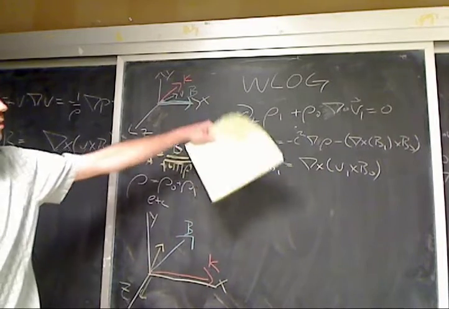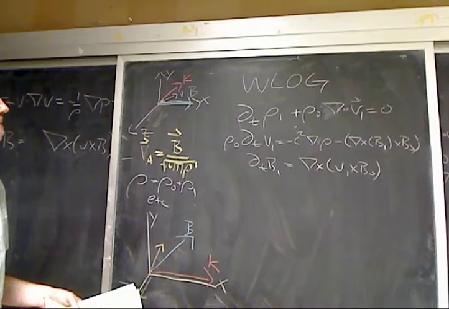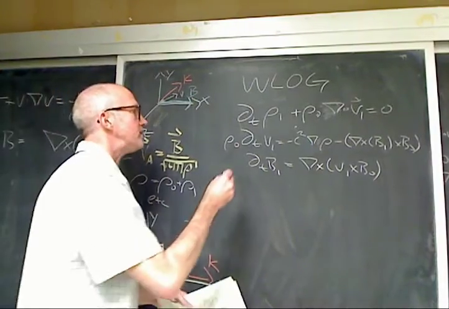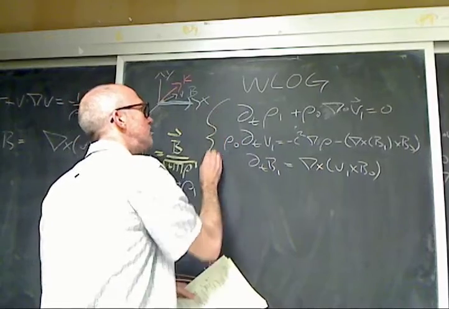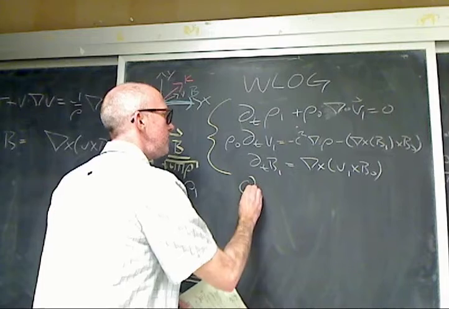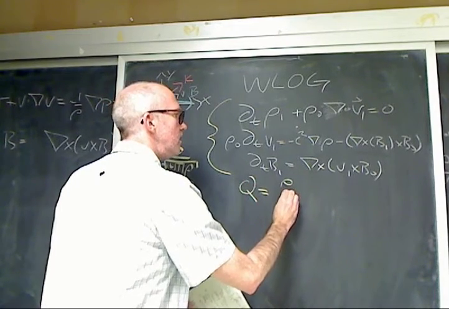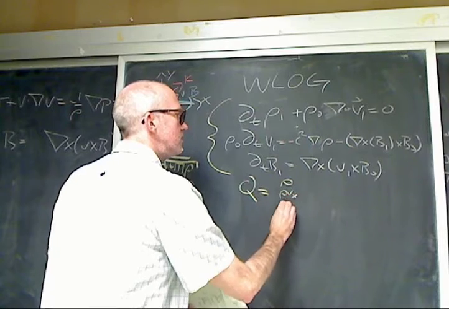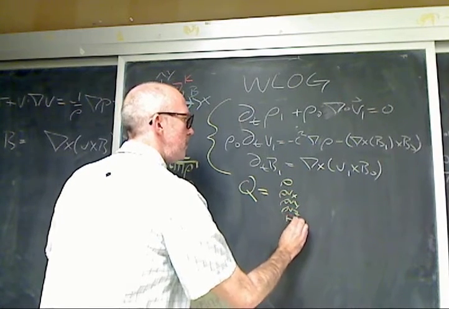So I'm going to take these equations and rewrite them slightly. Let me tell you what I'm going to do real fast. Basically I'm going to take this set of equations and we're going to turn it into a matrix. We're going to define some vector q, which is equal to rho vx, rho vy, rho vz, hx.